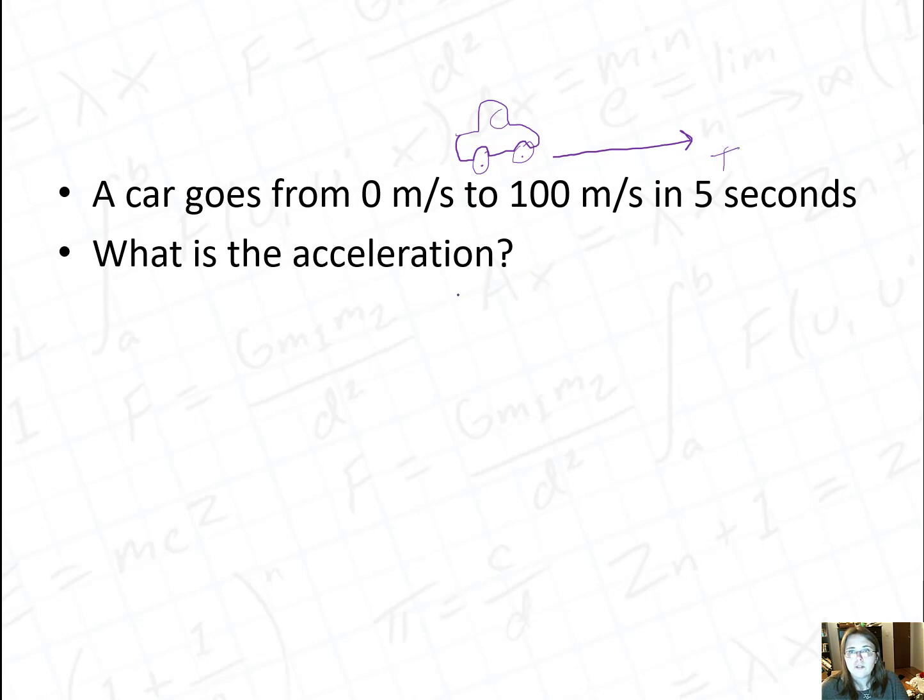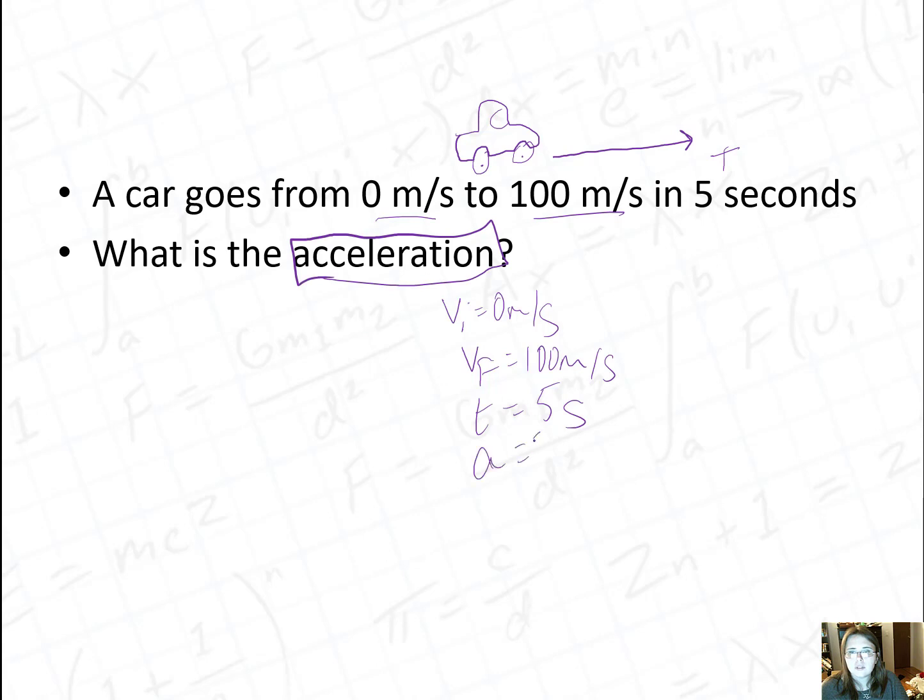So then we can write our knowns, and we know that the initial velocity is 0 meters per second. The final velocity is equal to 100 meters per second. And then the time is equal to 5 seconds. And we're looking for acceleration. So acceleration is, I don't know.